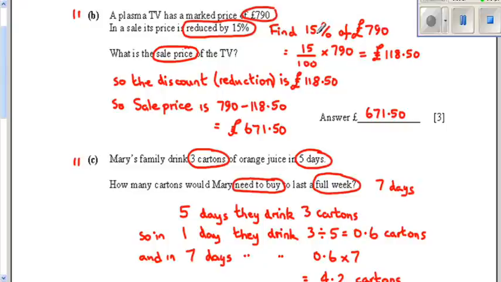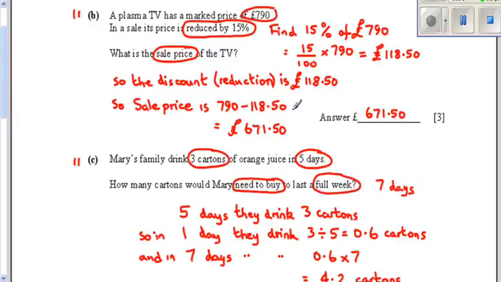So first of all, find 15% of 790. Hopefully you remember 15% is 15 over 100 multiplied by 790. If you key that into your calculator, you get 118.50. But remember, this is a reduction or a discount, so you've got to subtract that amount from the original price, which is 790.